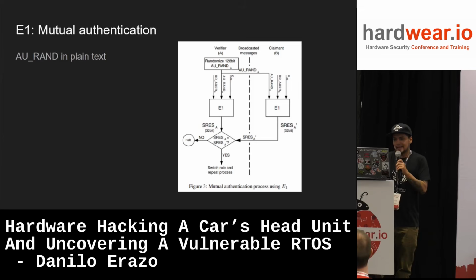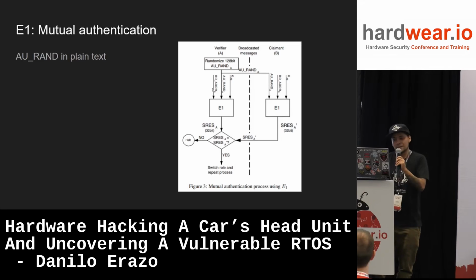The other device, the claimant, calculates a 32-bit word called SRES using the E1 algorithm. The claimant sends the 32-bit SRES word as a reply to the verifier, who verifies it by performing the same calculation. If the response is successful, the verifier and the claimant change roles and repeat the entire process.